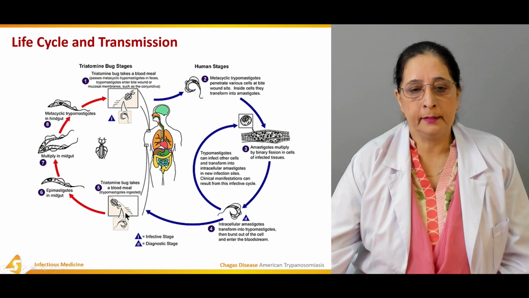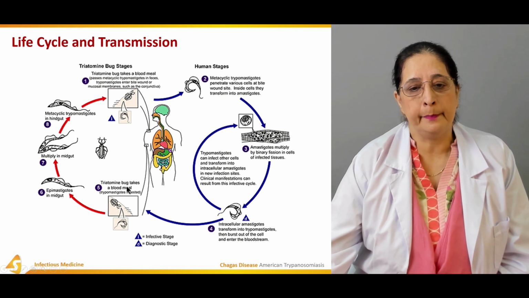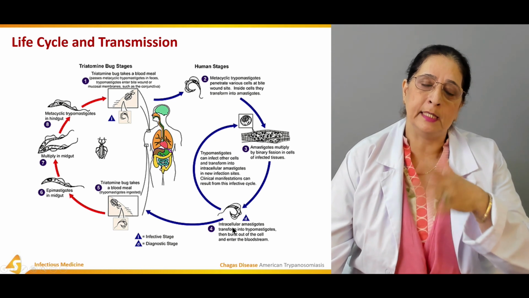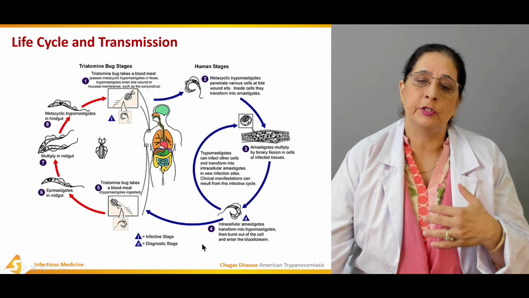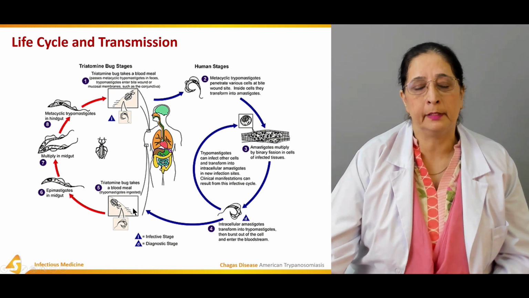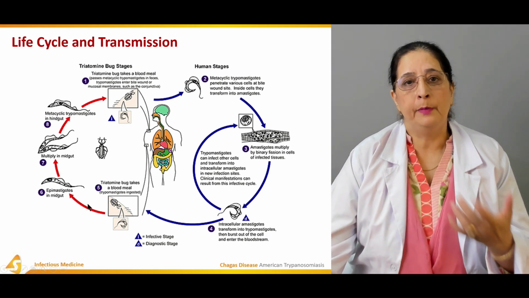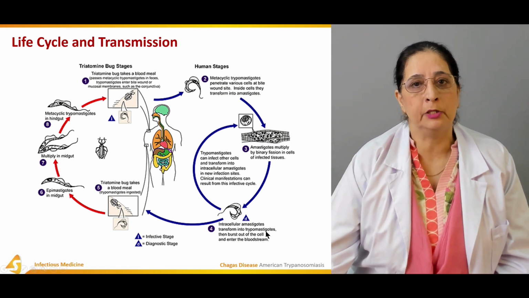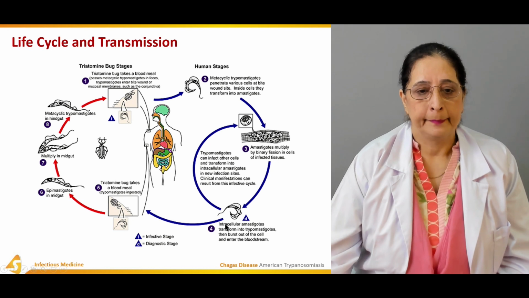Now, here the triatomine bug takes a blood meal, so it can infect other cells, and at this stage, also trypomastigotes, the triatomine bug takes the blood meal, and again they ingest the trypomastigotes in the blood.